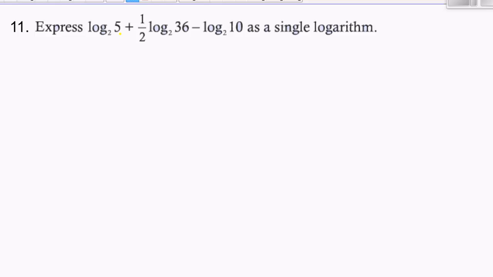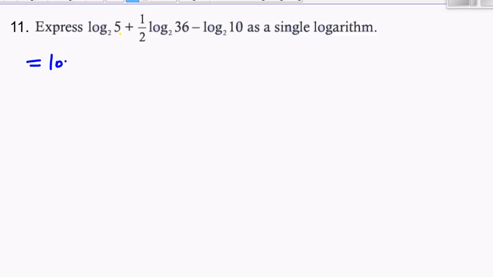So let's start by looking at this example and see how we can apply these laws of logarithms to simplify these expressions. So the first thing that you want to do here is to try and apply these laws of logarithms to simplify this expression.